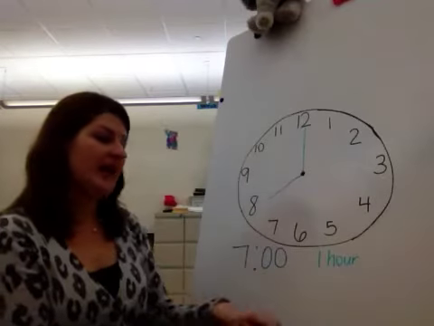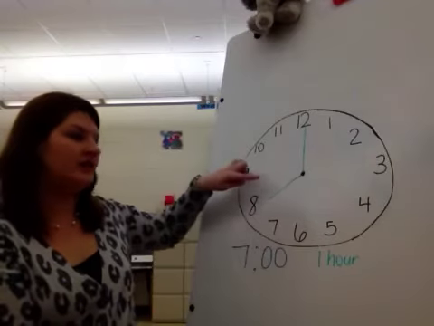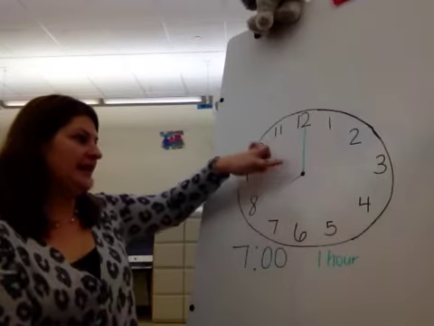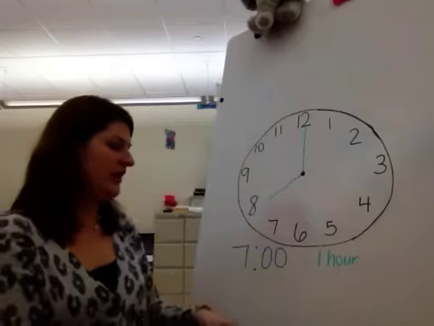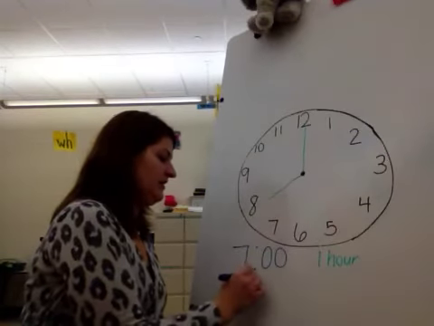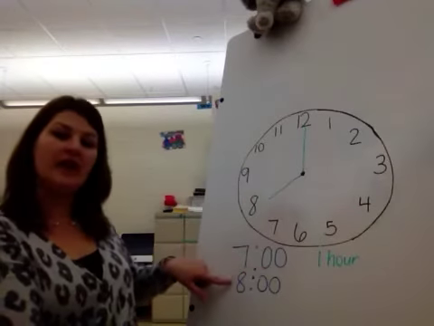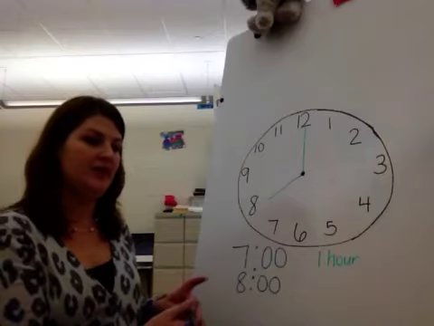So Susie ate breakfast at what time is this? Short hand's on the 8, long hand's pointing straight up, 8 a.m. And if you notice, the only thing that changed was our hour, because we went up by 1 hour.